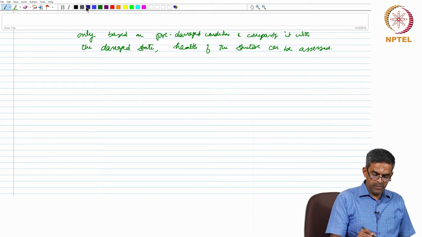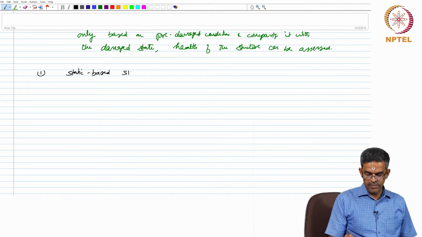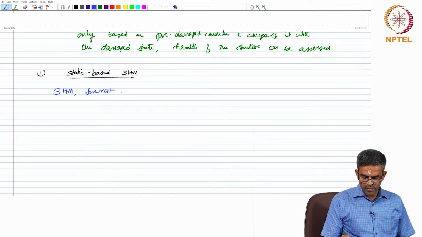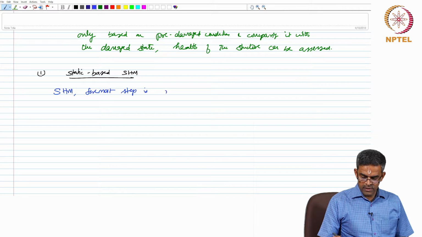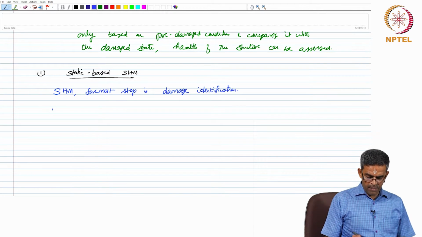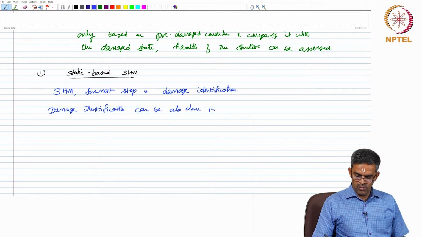So, let us talk about static based SHM. We all know that in structural health monitoring, the foremost step is damage identification. Damage identification can be also done through dead load distribution.